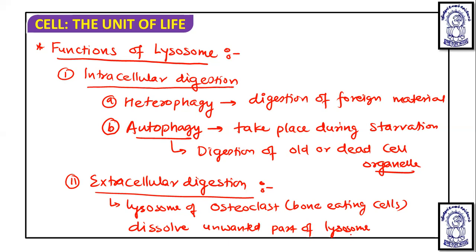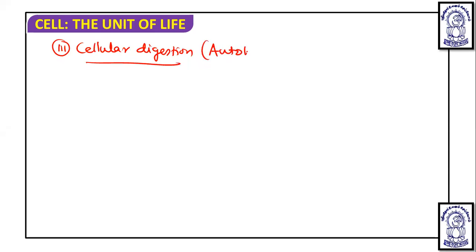And after this, the third function we are going to discuss is cellular digestion. It is the third function, and this cellular digestion is known as autolysis.